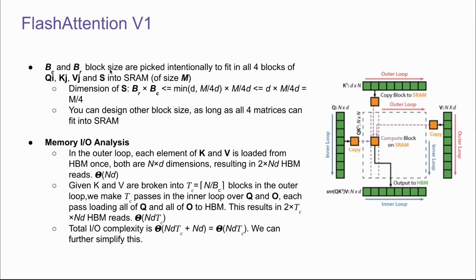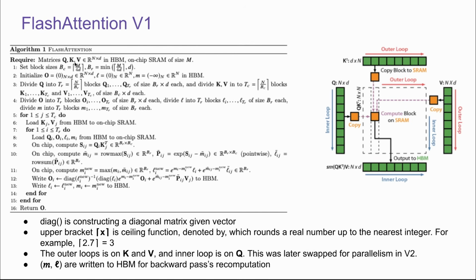BC and BR block sizes are picked intentionally to fit all 4 blocks of Q_i, K_j, V_j, and S_ij into SRAM of size M. The dimension of S_ij is BR by BC, and based on the previous algorithm detail, we know that BC and BR are ceiling functions of this.